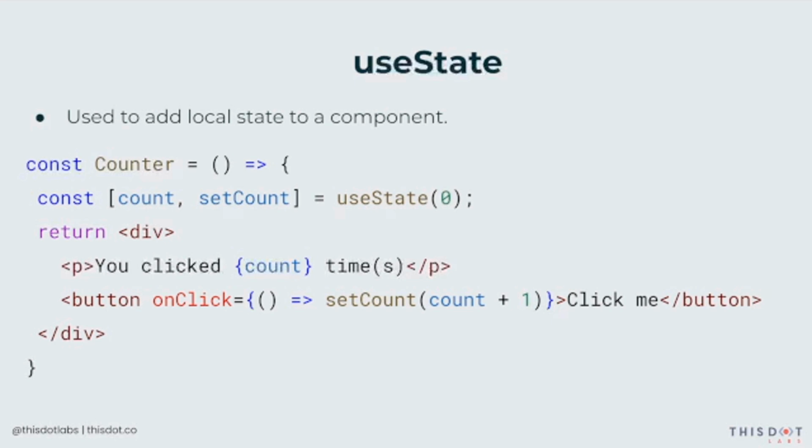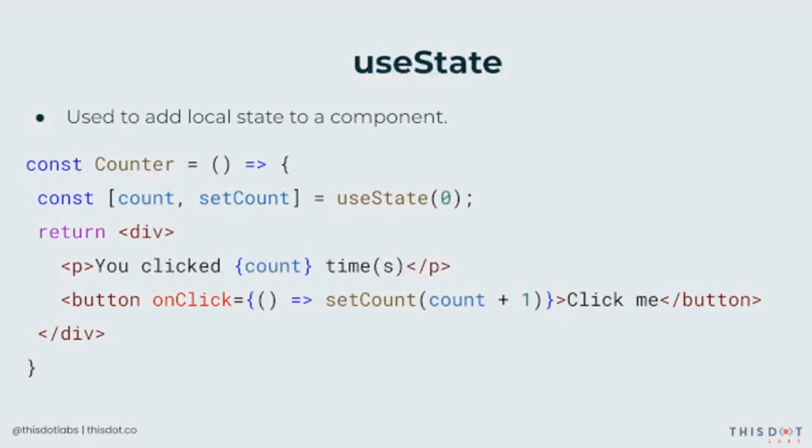Directly modifying count here will not cause a re-render of our component, and therefore we won't see the results. We use the setter to change the value, tell React the value has been changed, and React will re-render our component, and just our component, with the new value in it.